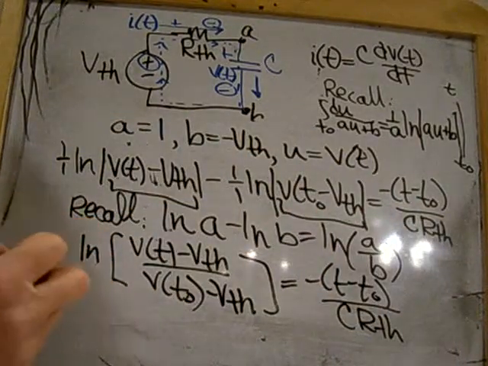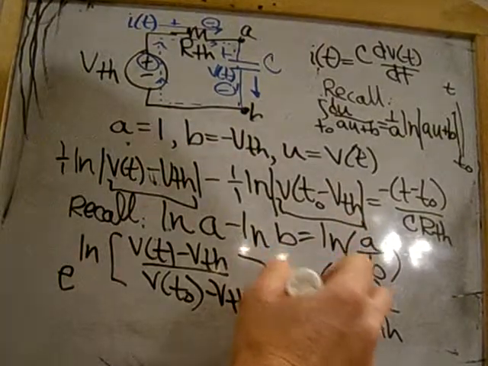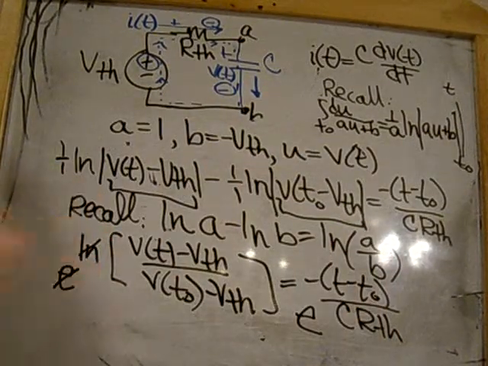Now to get rid of the natural log, both sides can be raised to the exponential. This will cancel out here.